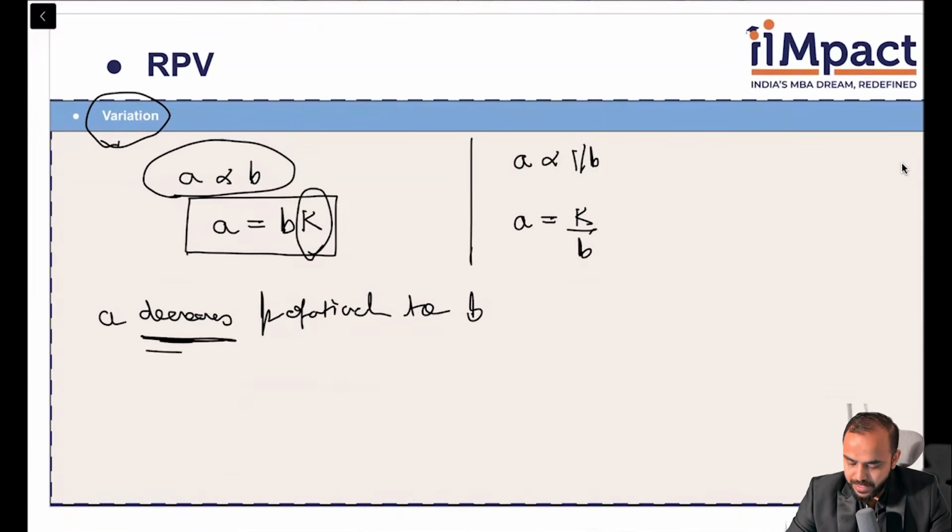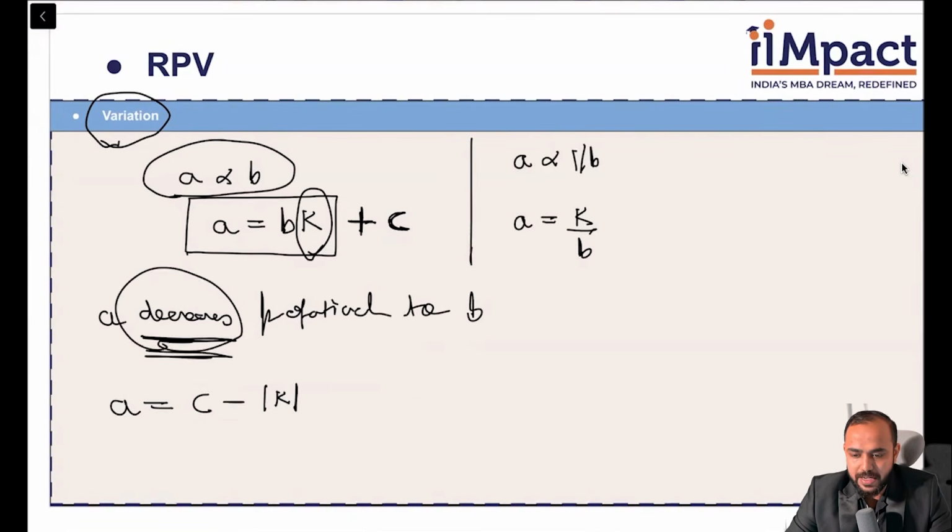And when you have a decrement scenario going on, you will have to assume that there has to be some initial value as well, which you will write here as plus C. So the total value that you will write is A is equal to C minus some positive number. I'm writing it as mod K, but you understand, because this is a decrement situation, I can write it like this into B. So as the number of items B increases, the value of A will decrease.